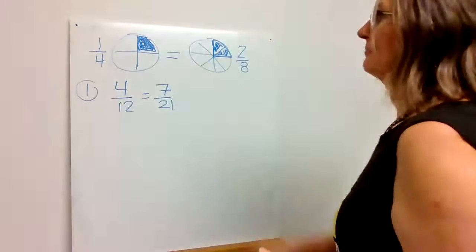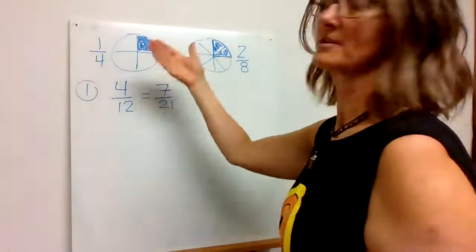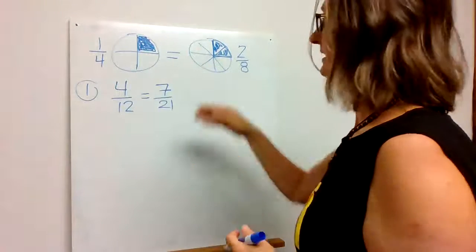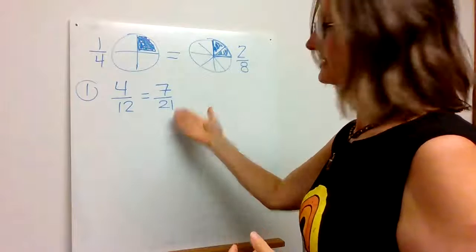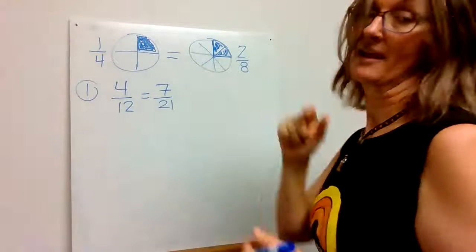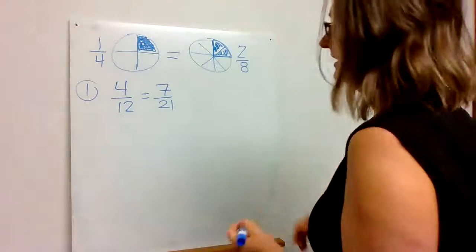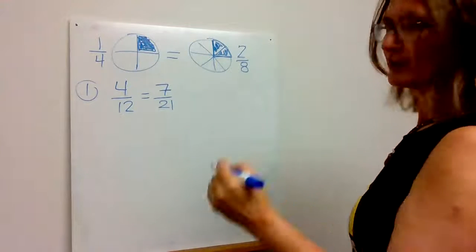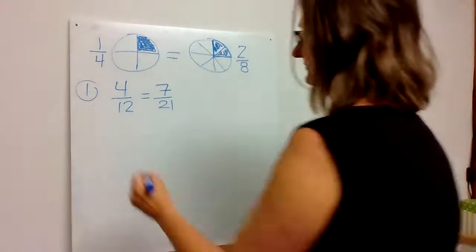Imagine a pizza again. Maybe you cut a pizza into 12 pieces. 4 of the pieces would be eaten. Or if you cut it into 21 pieces, 7 of the pieces would be eaten. It's going to look the same, just like this pizza does. So this is a vertical how to solve.